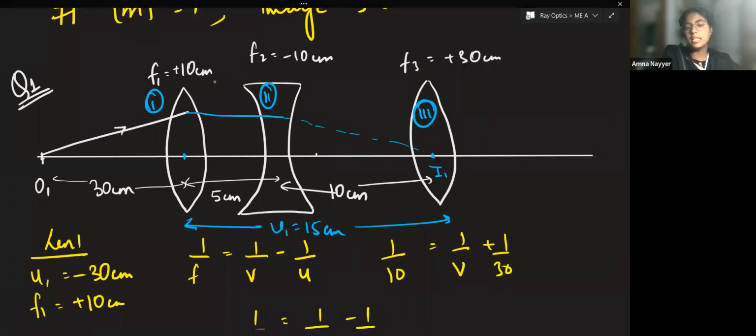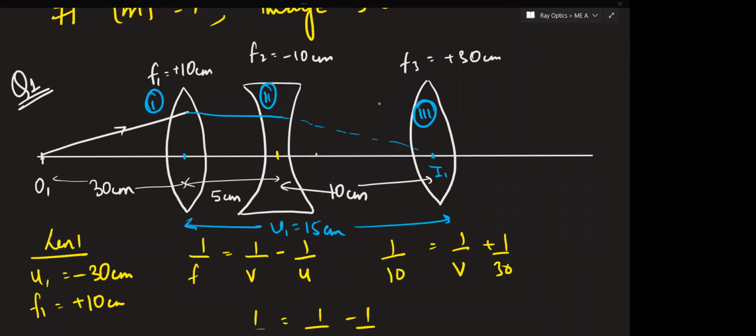So now see lens 2. If this is your object I1 and lens 2 is here, what is the object distance that I'll take? Samira, I1 is this, lens is here. I1 is object. So object distance should be 10 centimeters. Perfect.